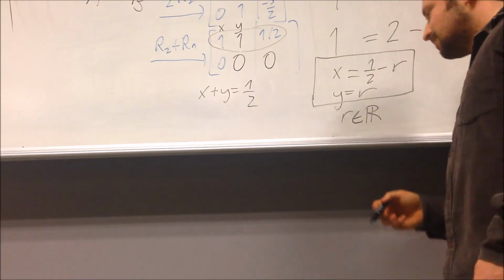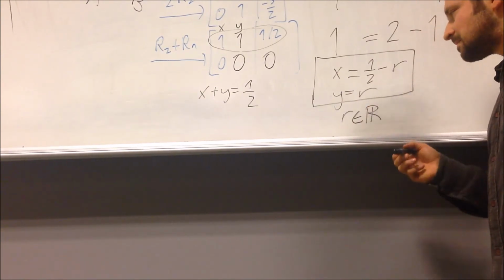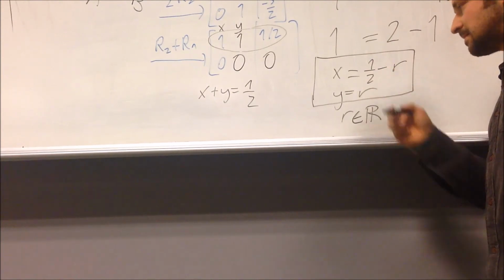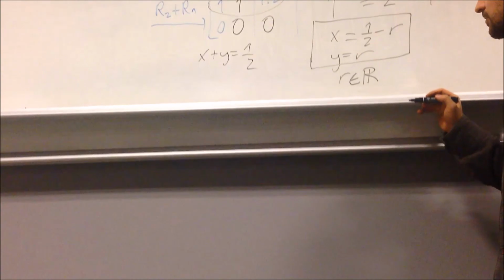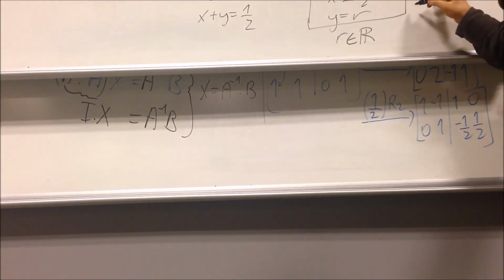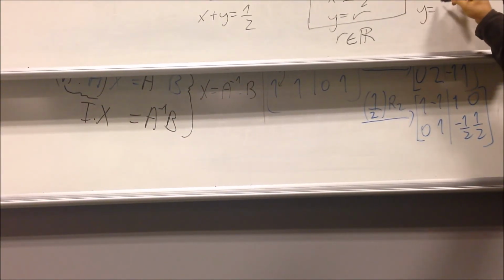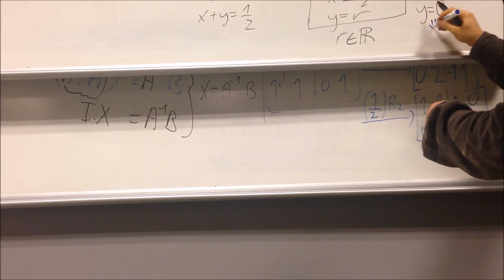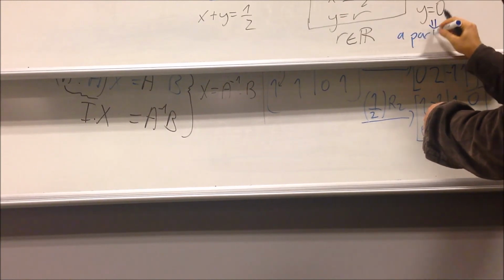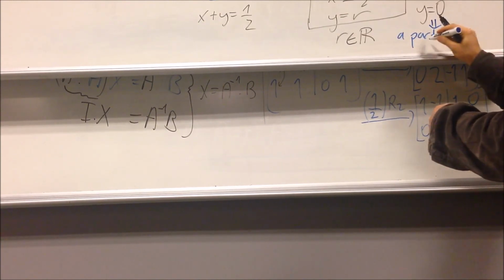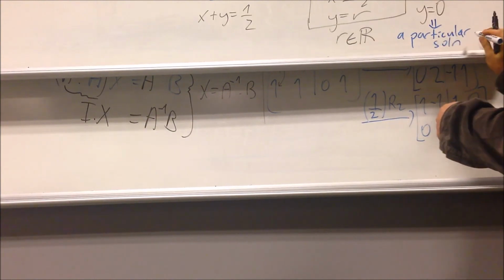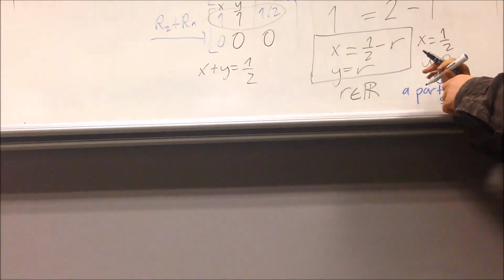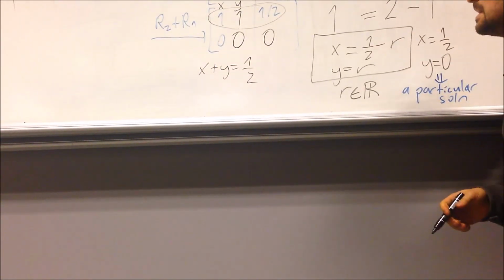Since you have infinitely many choices for r, you may obtain infinitely many particular solutions from this. Let's say r equals 0. If you choose r as 0, y will be 0, x will be just 1 over 2. This gives you a particular solution. Once again, you may have infinitely many particular solutions.